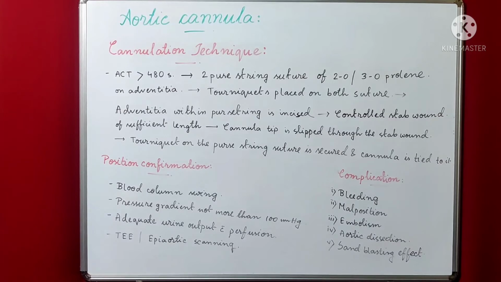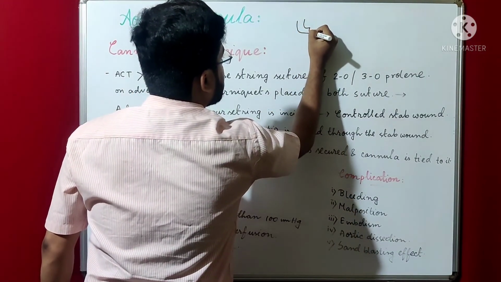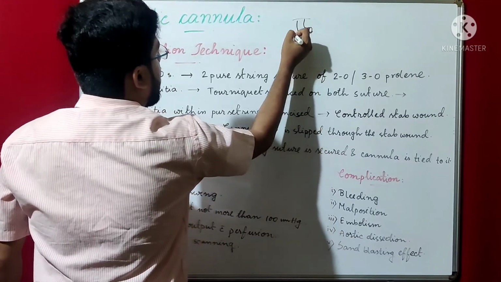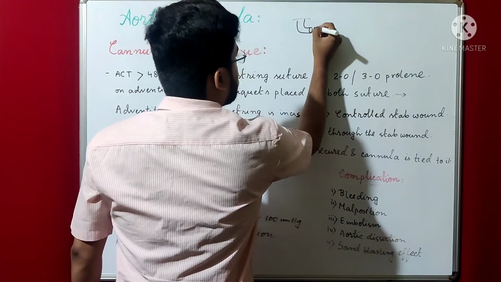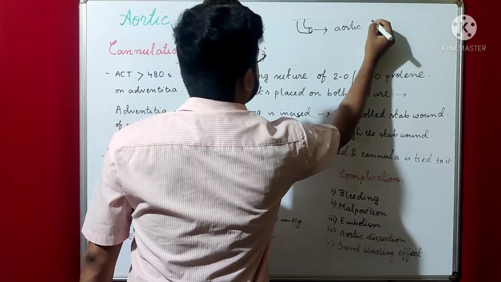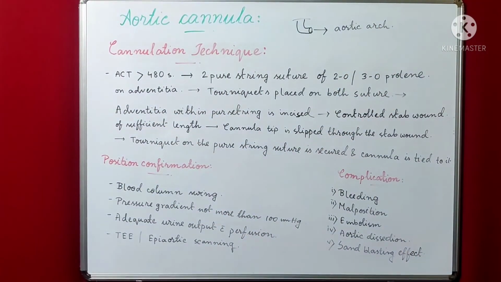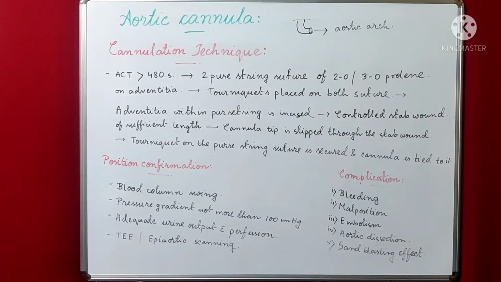That means the opening of the aortic cannula will face towards the aortic arch. After confirming the position, the tourniquets on the purse-string sutures are secured and the cannula is tied to them.